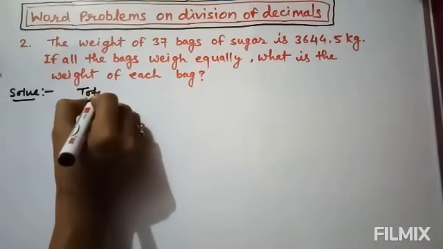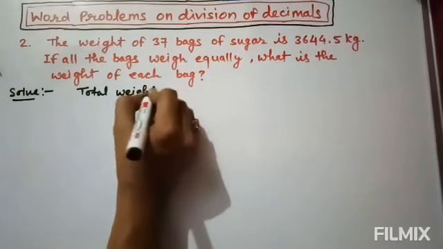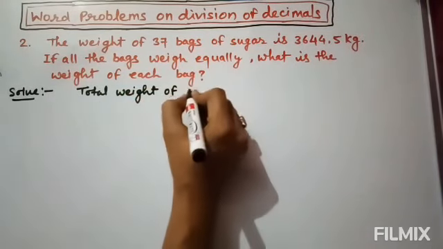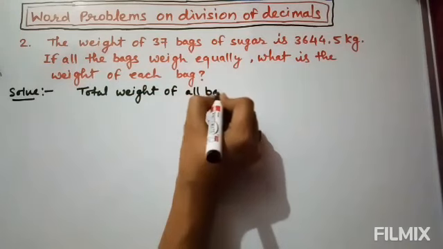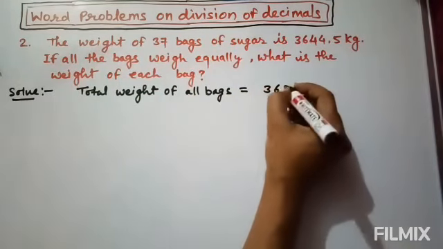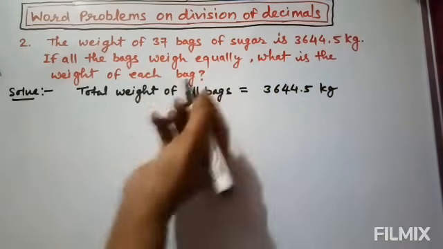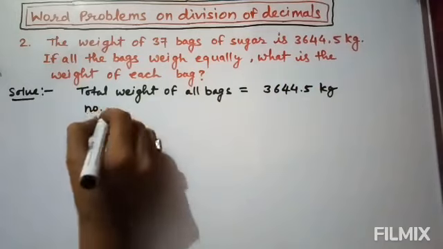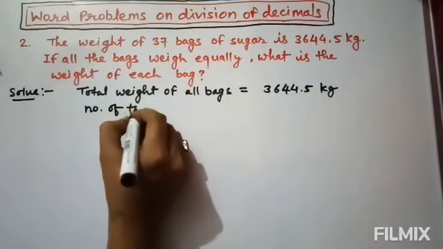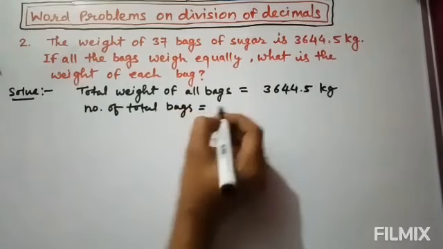Total weight of all bags is 3644.5 kilogram, which is given in the question. Number of total bags, 37.